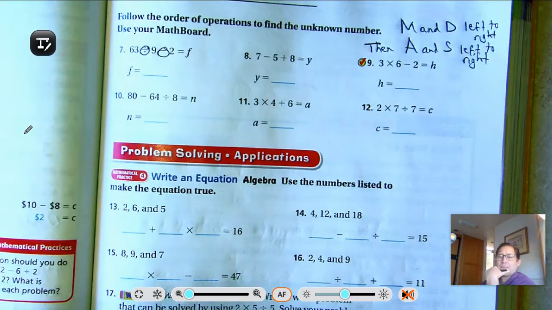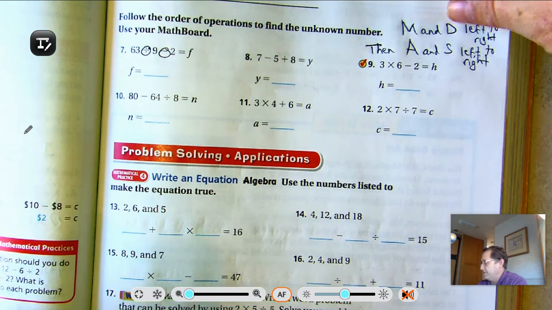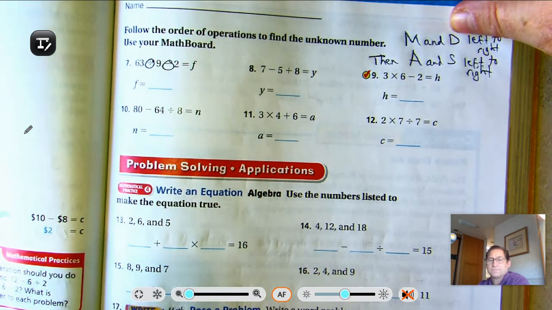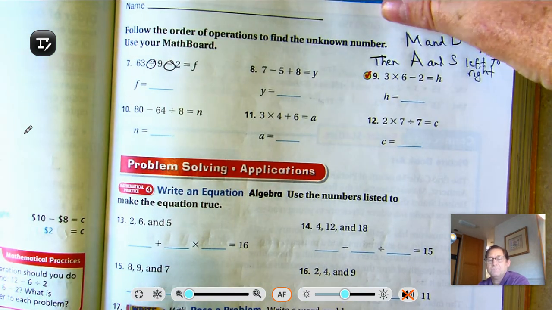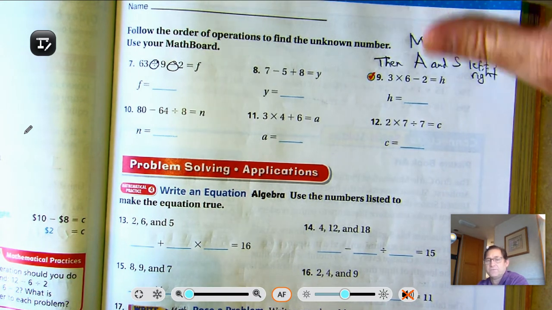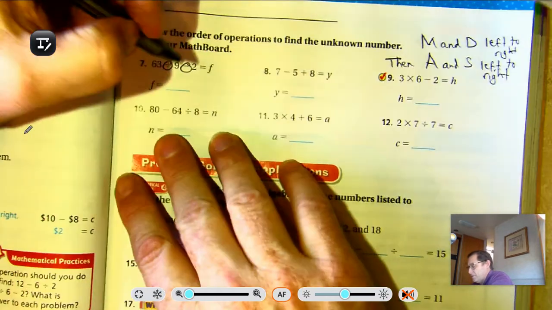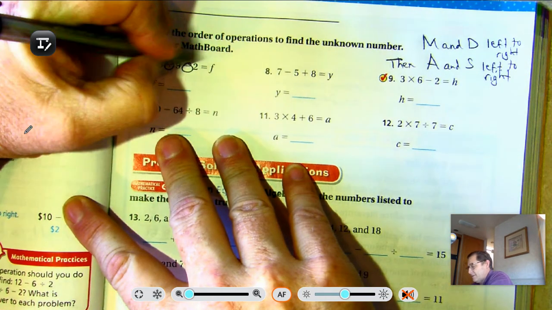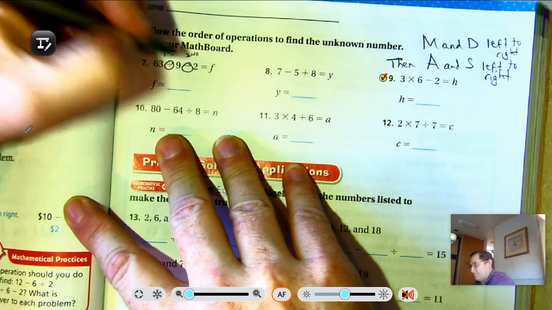Okay, so division is on the same kind of math level as multiplication. So these two have to come first, followed by addition and subtraction. So the division will be first, the subtraction will be second.